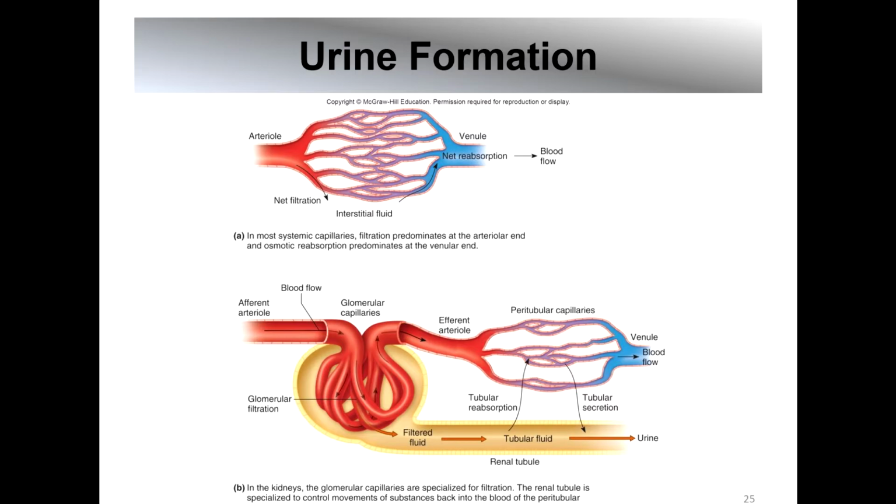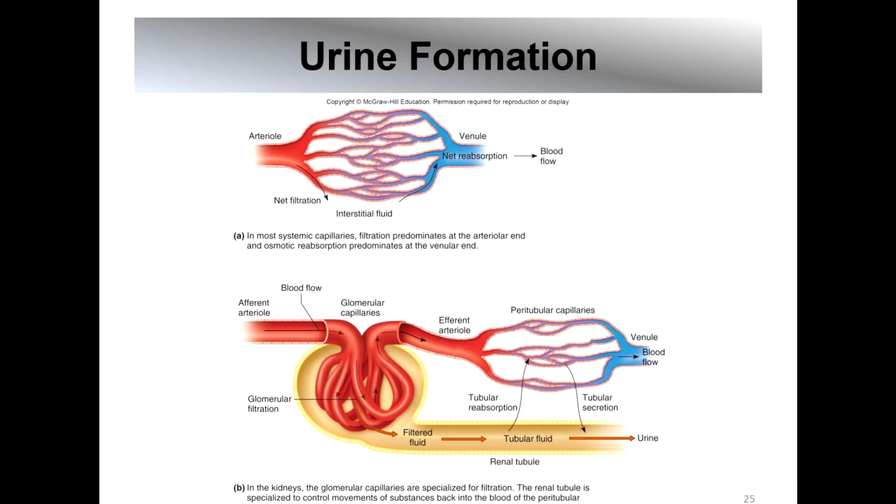We've got the glomerulus here with the afferent arteriole, the capillary bed known as the glomerulus, and then the efferent arteriole. And then the blood will flow through the peritubular capillaries, and there we will exchange oxygen and other nutrients with the interstitial fluid, the tissue fluid, and we'll pick up certain metabolic wastes and carry them on down through the venular end.